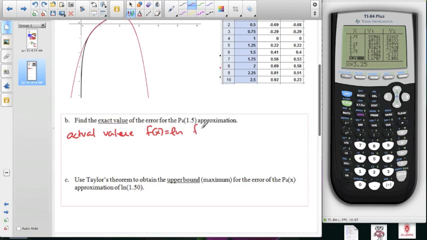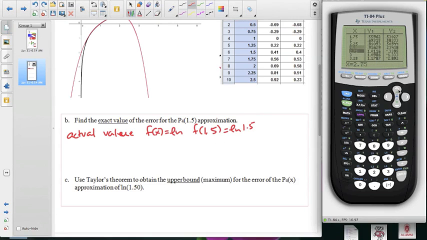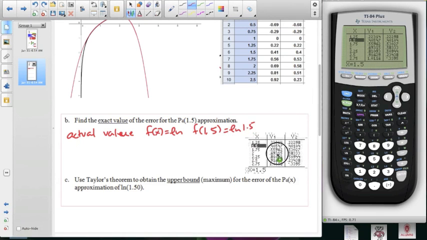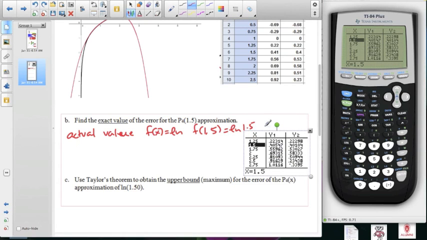And so if we evaluate the function at 1.5, that's taking the natural log of 1.5. The natural log of 1.5 is right there, equal to 0.4547.